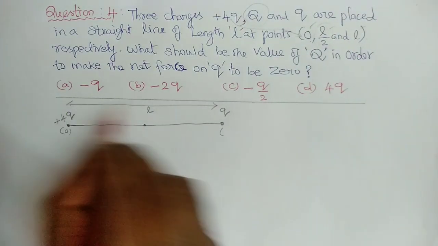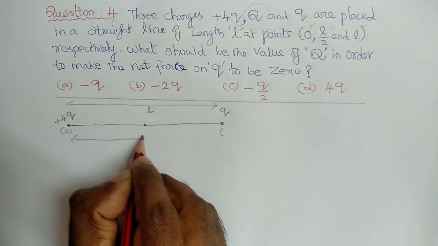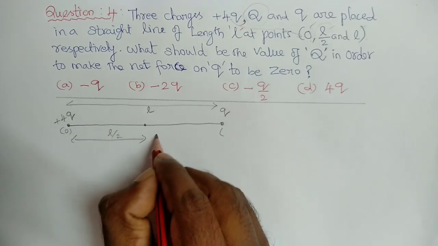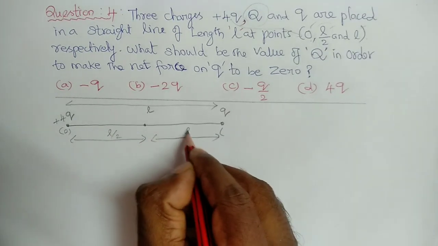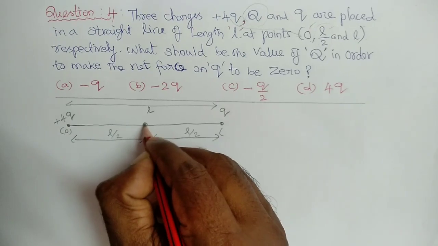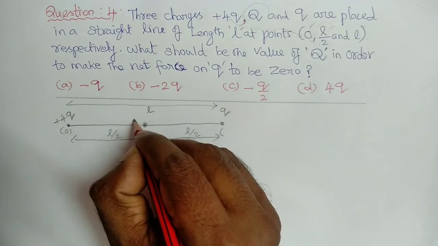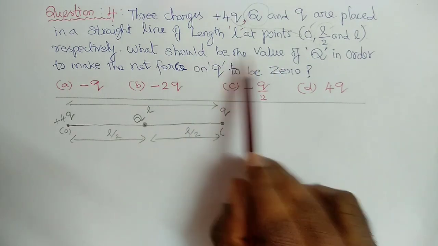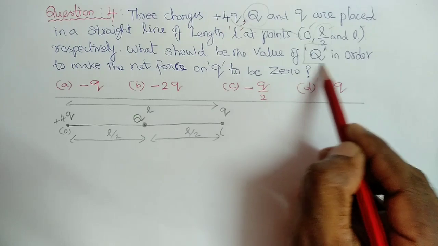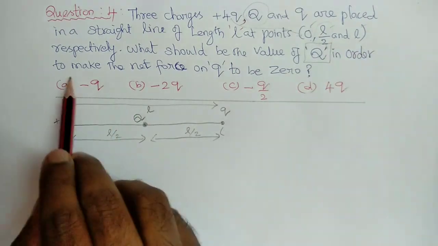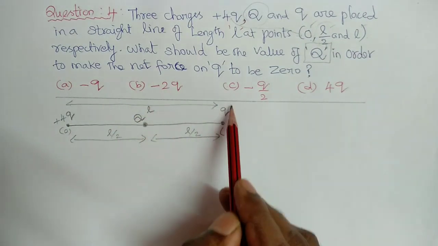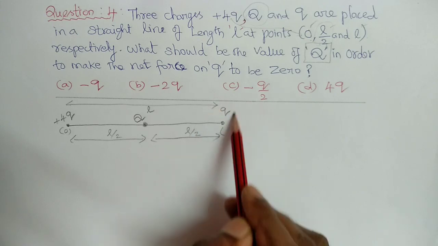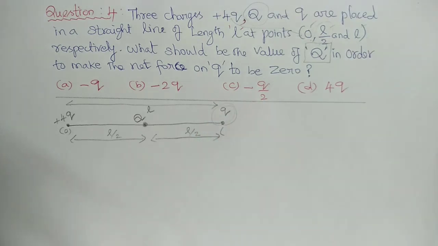That means the total length is L, so this is L by 2 and this is L by 2. So capital Q is placed here. The aim of the question is, what should be the value of capital Q in order to make the net force on small q to be 0.